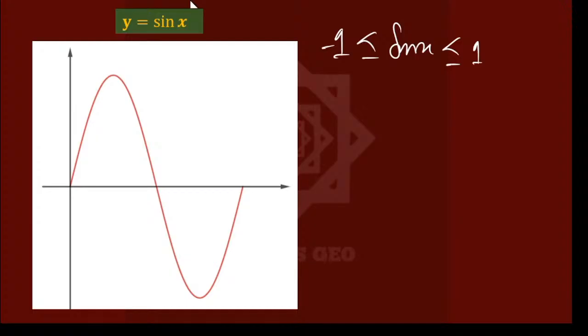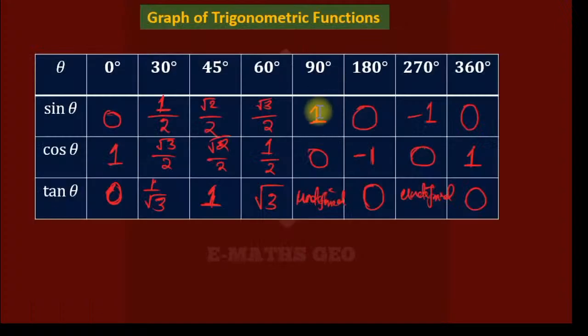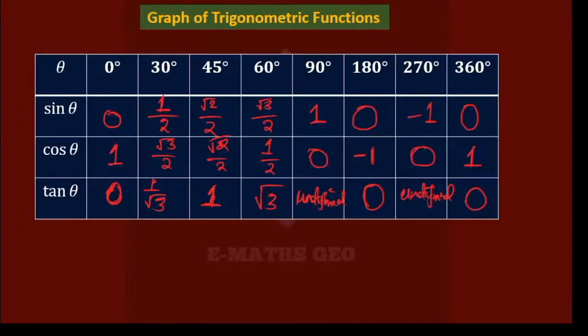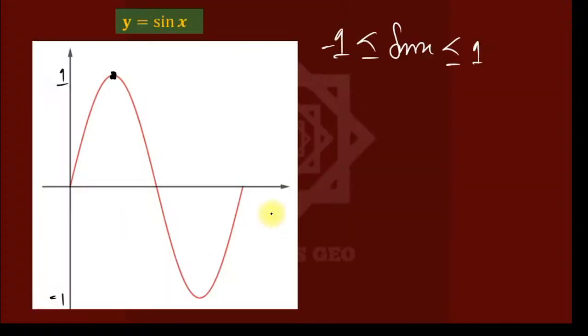Because we're going to solve a question under this, a simple version after the graphs. So what gave us that maximum of 1? It's 90 degrees, while the minimum is at 270 degrees.